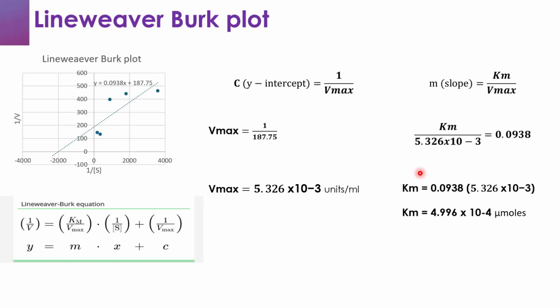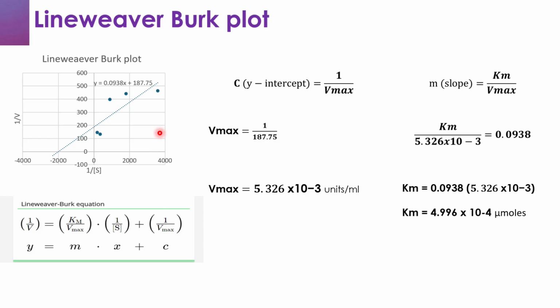So let's now calculate our V maximum and Km value for our PNPP in the enzymatic reaction. To do this, we will have to use the equation of the line for the plot over here, which gives us y equals 0.0938x plus 187.75, and equate this equation to the Michaelis-Menten equation, which is also given as 1 over v equals Km divided by V maximum times 1 over the substrate concentration plus 1 over V maximum.